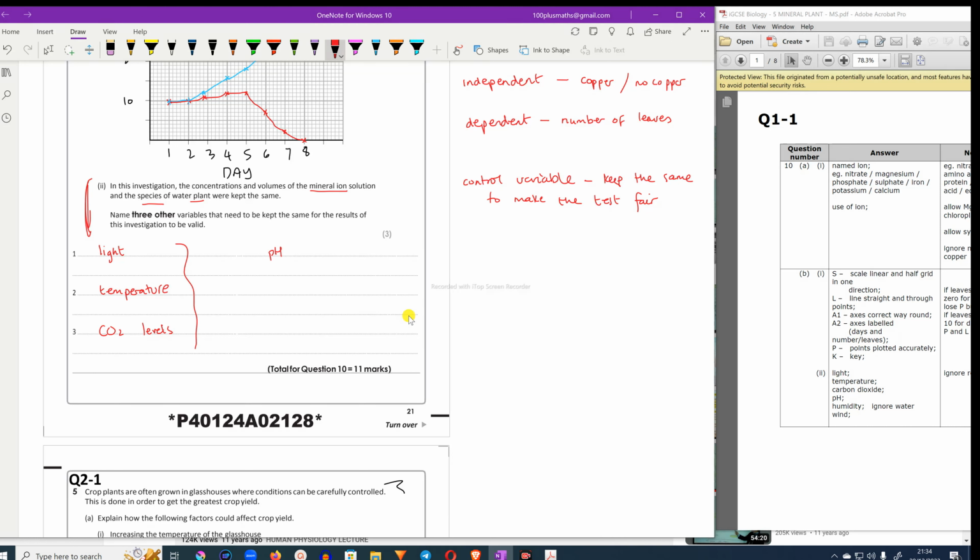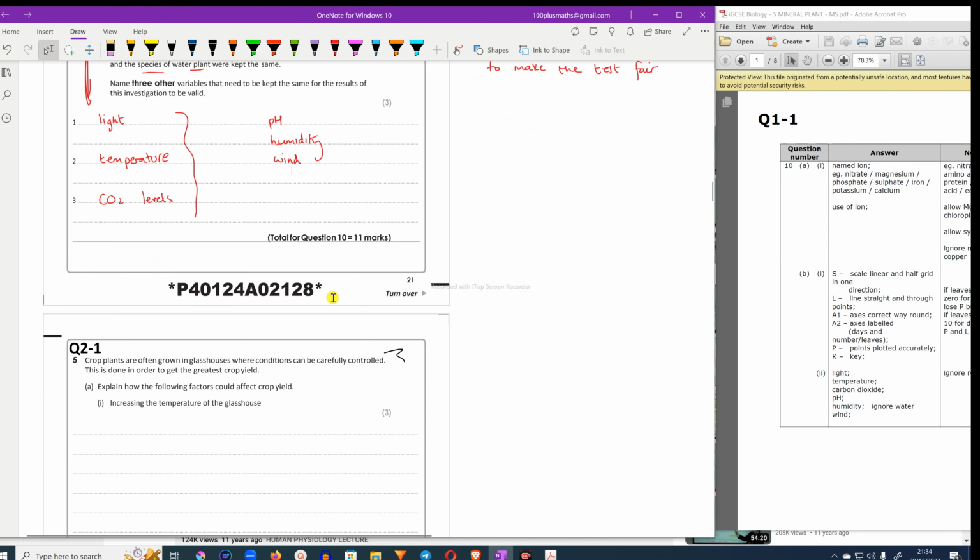You can keep the humidity. Don't use the word water because you won't get a mark. And what else affects it? What affects humidity? Wind. It affects the concentration gradient. Any one of these will do. Right, okay.